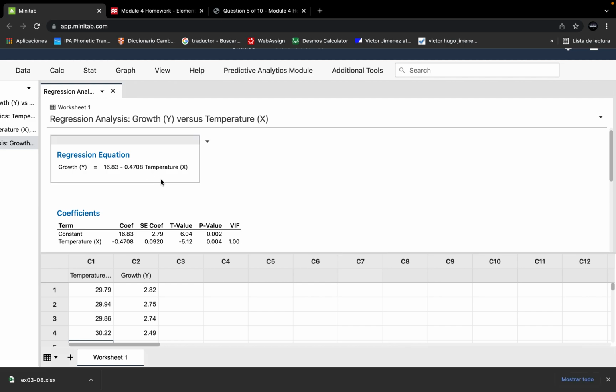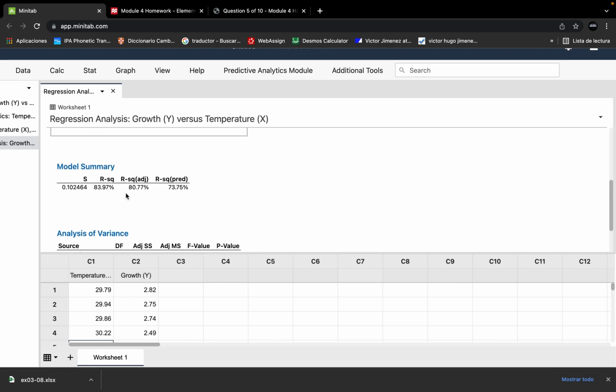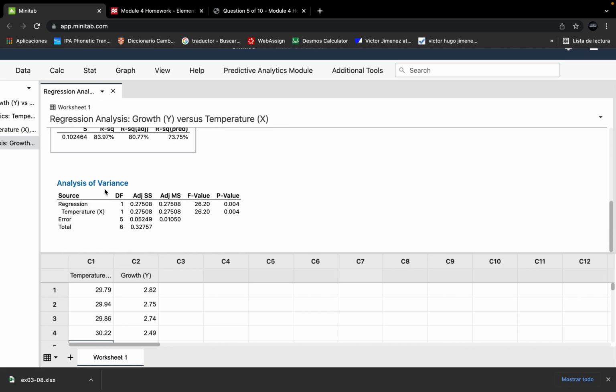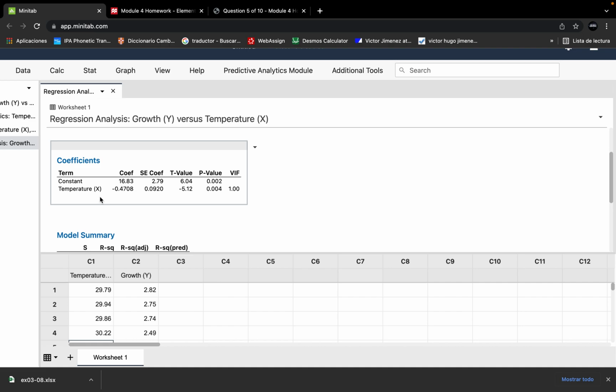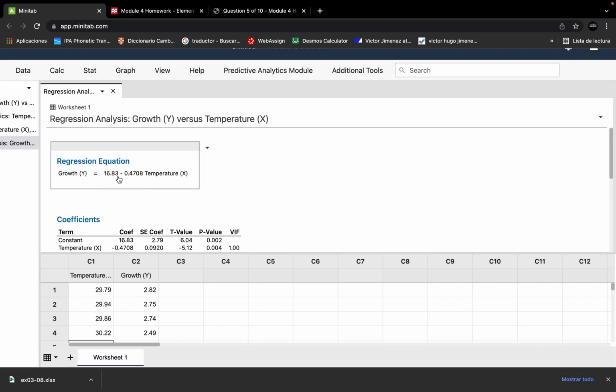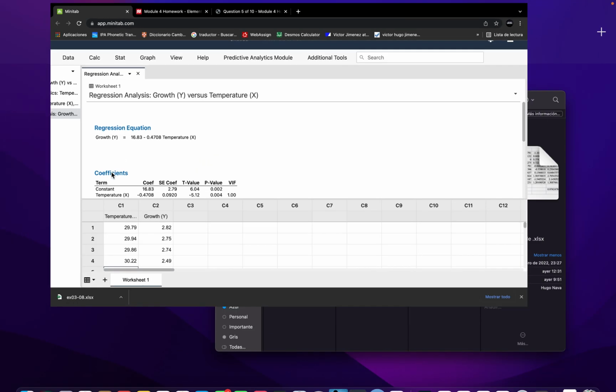So we can say that our answer is correct. Here it is rounded to 3 digits, but it's essentially the same. All of this other output we are not going to discuss in detail. Our only concern here is to verify the model, and it is correct. So let's continue.